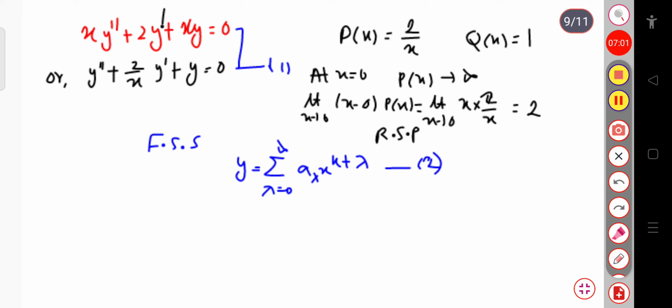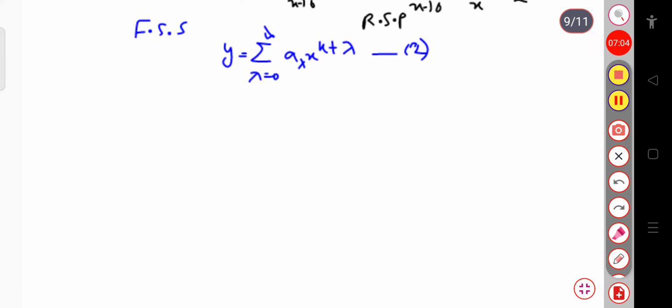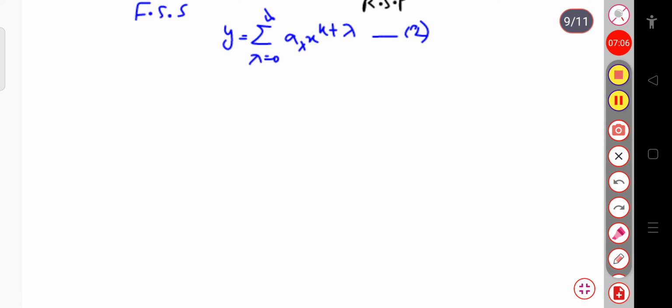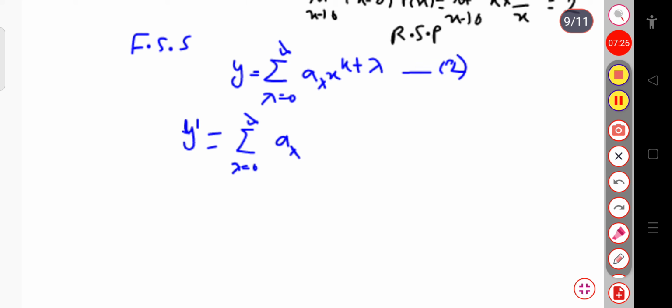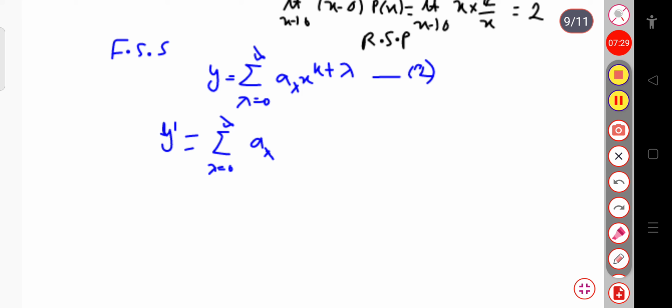We will first write the Frobenius series solution, and after that I have to calculate the first order derivative of y. So y prime is simply dy by dx, that is equal to the sum over lambda 0 to infinity of a lambda, which is constant, and the derivative of x power k plus lambda is k plus lambda into x power k plus lambda minus 1.